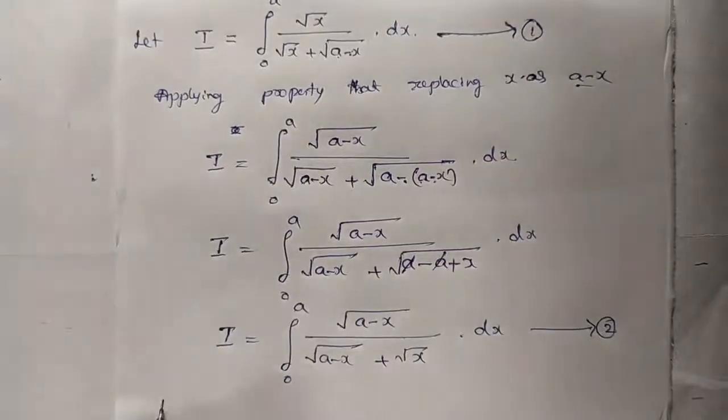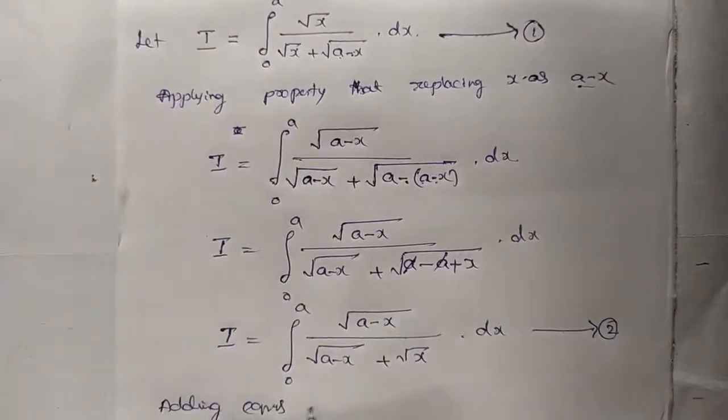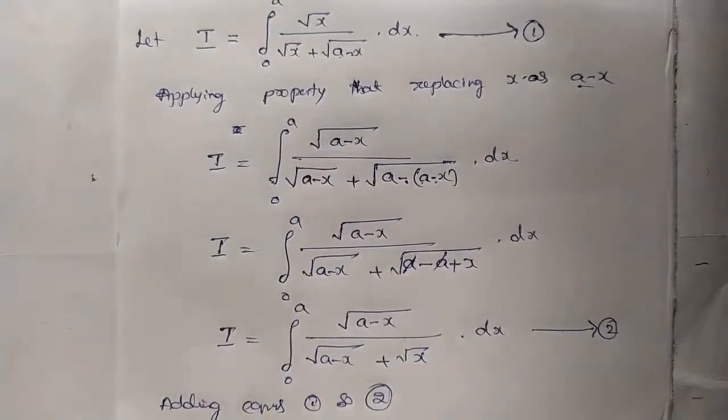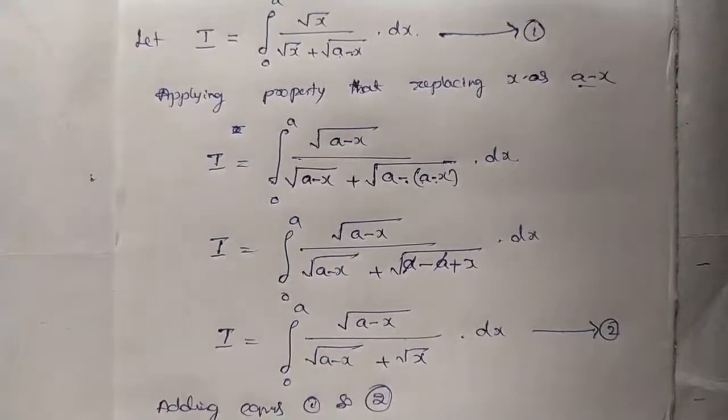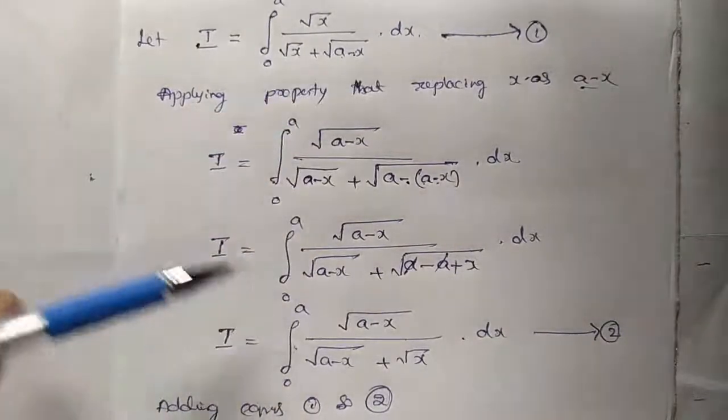Now adding 1 and 2. Adding equations 1 and 2, then I plus I, equation 1 and 2 I am adding.